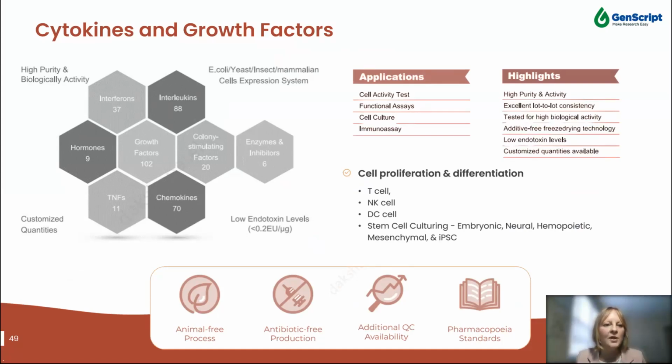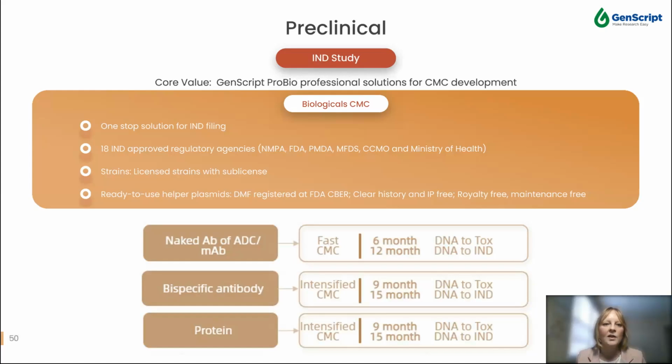For cell culture methods, we do offer cytokines and growth factors. The applications for this include cell activity, functional assays, cell culture, and immunoassays. And then taking a look at GenScript ProBio and their chemistry, manufacturing, and controls, or CMC service, offers comprehensive support for preclinical and clinical stage of antibody development.